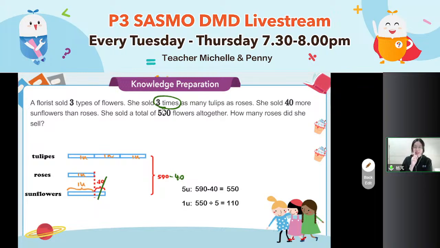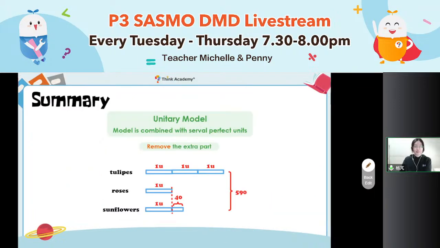Find out who is 1 unit, that is the first step. Then, if there is an extra part, we need to take it away from the total. This is one kind of unitary model. Later, we will see another type.